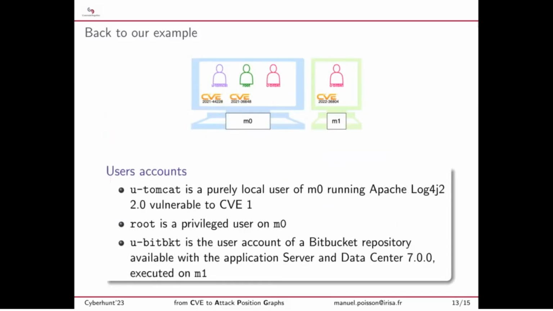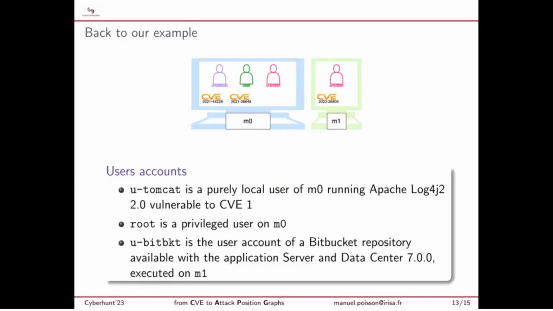So we can imagine a case where we have different user accounts existing on the two machines here. Tomcat is a user that only exists on M0. It is the user that is executing an application, Apache Log4j 2, that is vulnerable to the first CVE with the specific version 2.0.